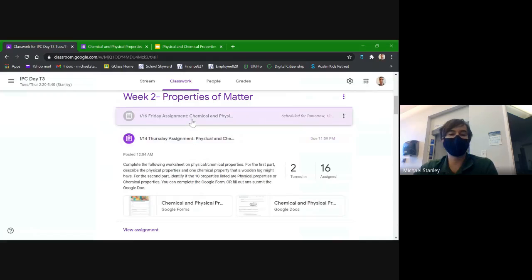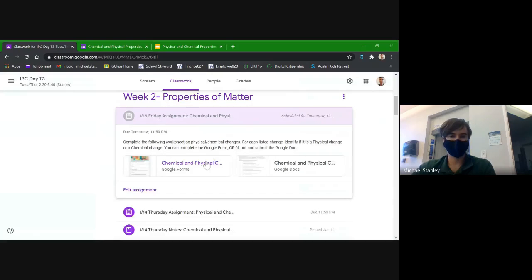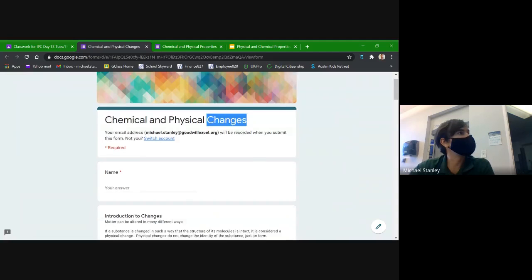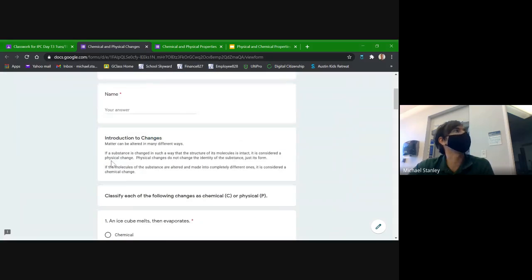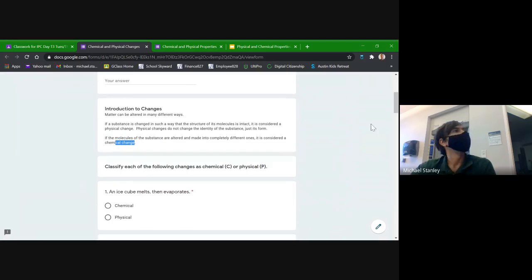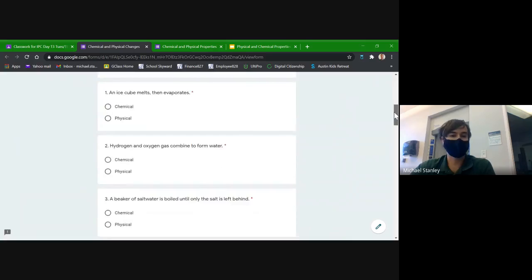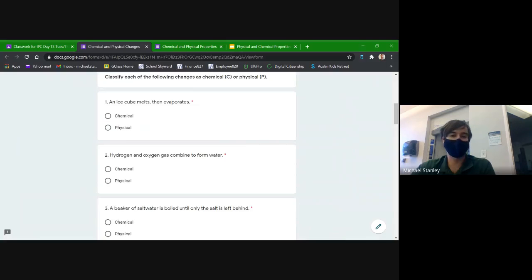Then the assignment for tomorrow, very similar. Only now, instead of talking about chemical and physical properties, we're talking about chemical and physical changes. So again, a short reminder of what is a chemical and a physical change. And then a slightly longer list. I think there's 18. Yeah. 18 changes that are going to be described about things like ice or oxygen and hydrogen or salt water.